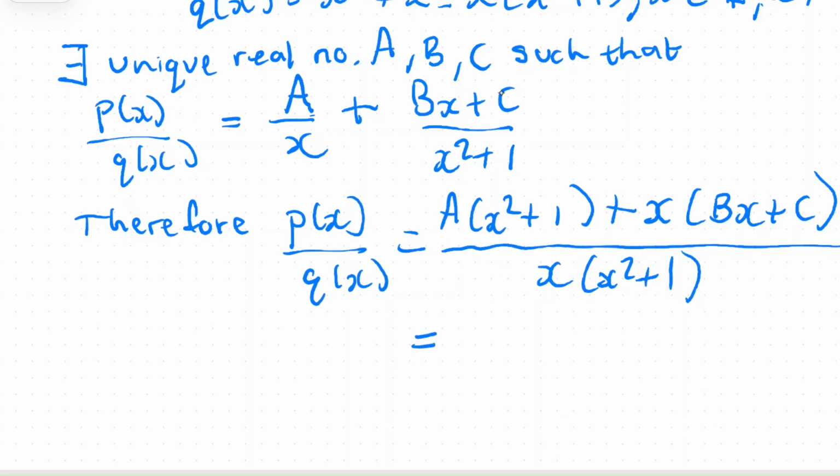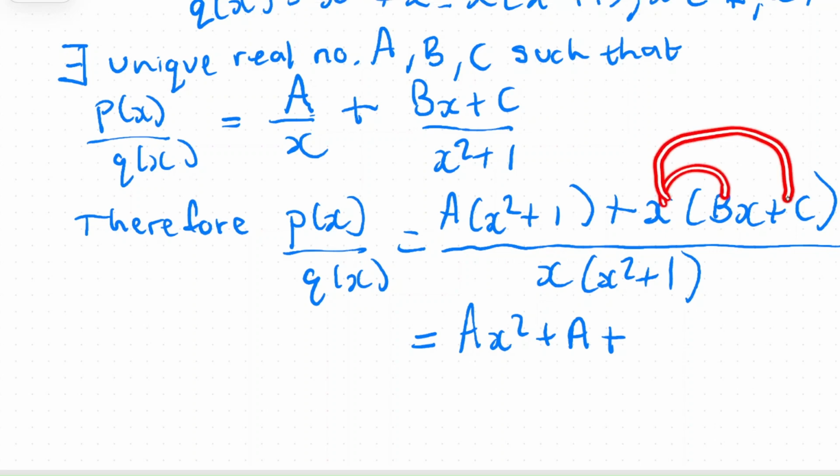So we can then multiply outwards by saying a x squared plus a plus x times bx plus x times c.